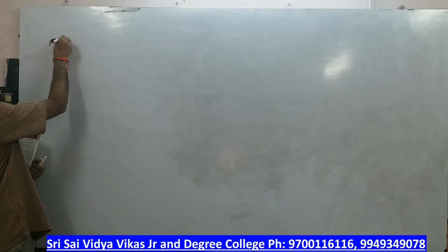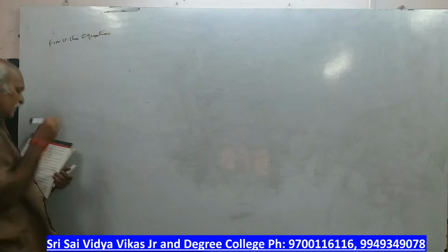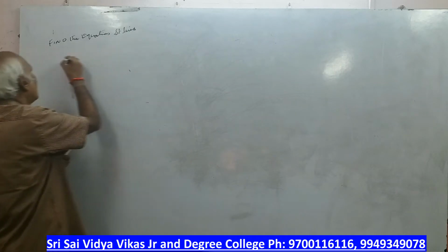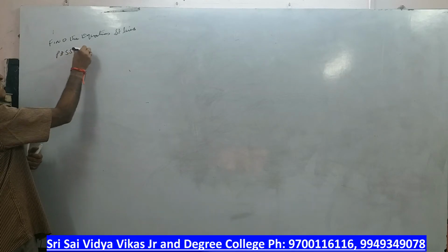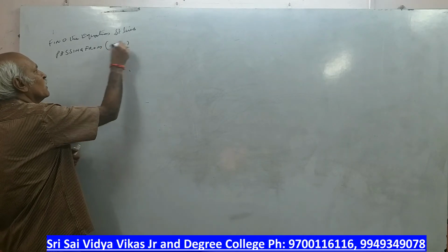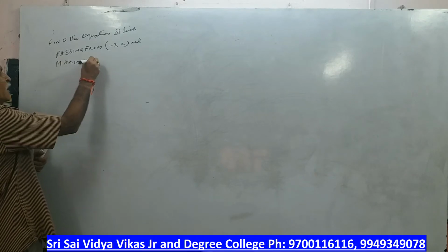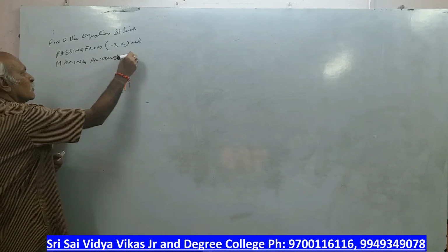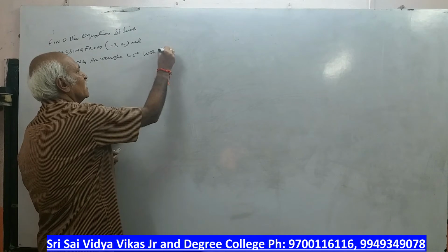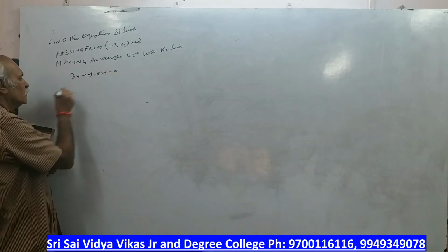Find the equation of straight lines passing through minus 3 comma 2 and making an angle 45 degrees with the line 3x minus y plus 4 is equal to 0.